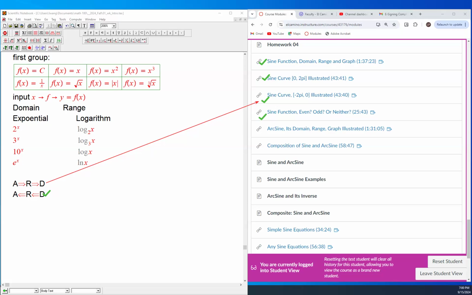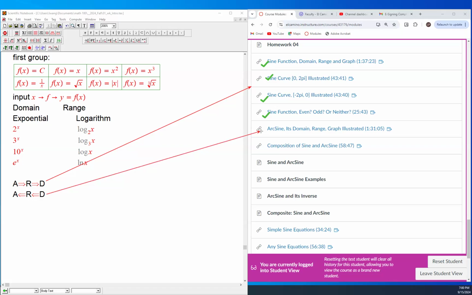Oops. I'm going to have to redraw this. So these are A to D. 1, 2, 3, 4, that's A to D. And these are D to A. Composition of sine and arc sine is both.